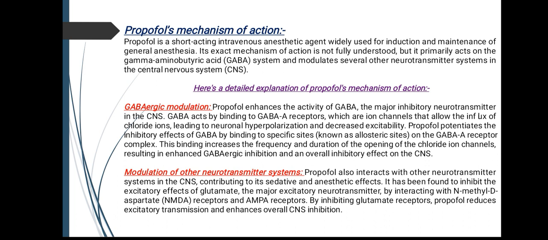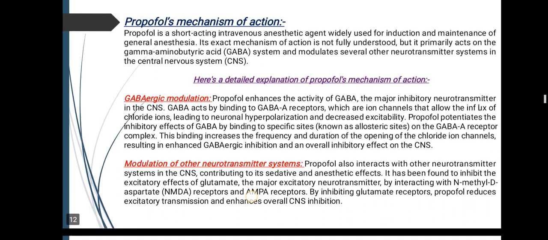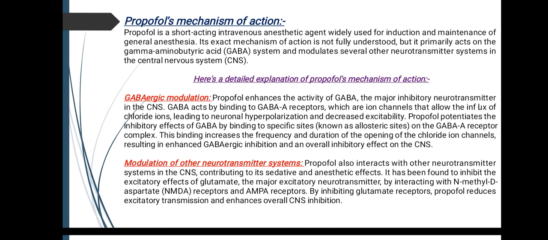Basically, propofol exerts an antiemetic action on the brain, which helps reduce post-operative nausea and vomiting. This can be mentioned, but now GABAergic modulation. Propofol enhances the activity of GABA, the major inhibitory neurotransmitter in the central nervous system. GABA acts by binding to the GABA A receptor, as I mentioned and explained earlier. What is GABA A?